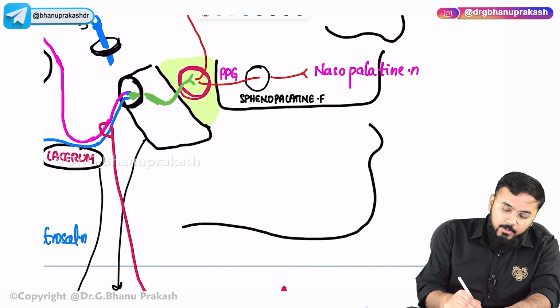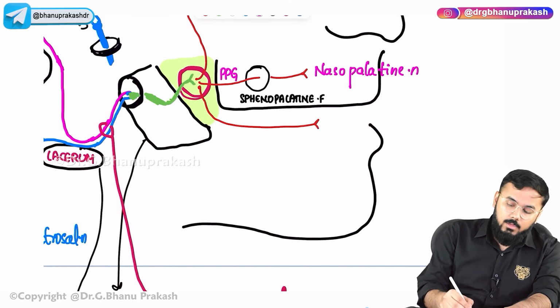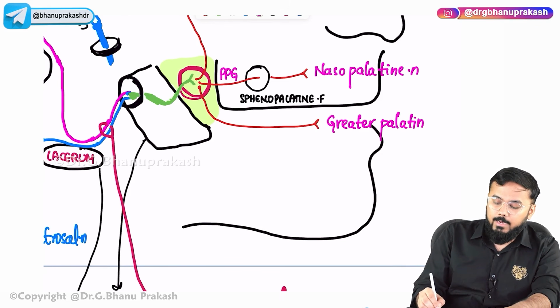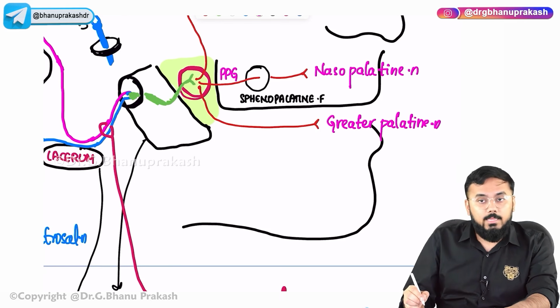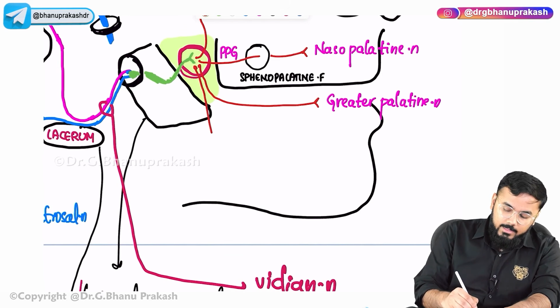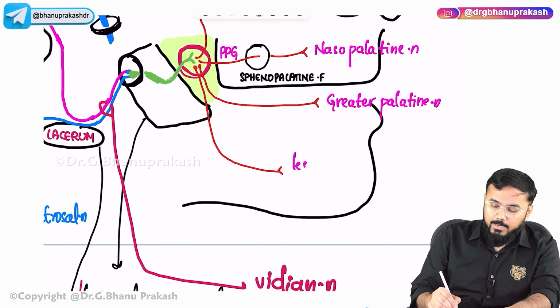After that, some of the postganglionic fibers come down as a nerve called the greater palatine nerve. When I say greater palatine nerve, there is also another palatine called the lesser palatine nerve. So from here, another palatine nerve comes all the way; this is called the lesser palatine nerve.